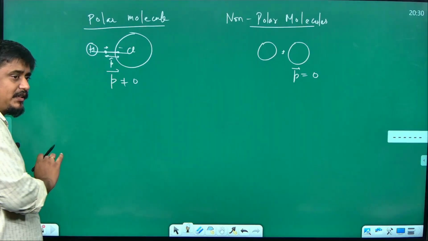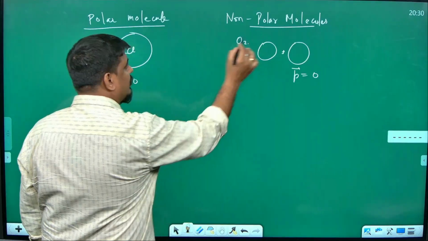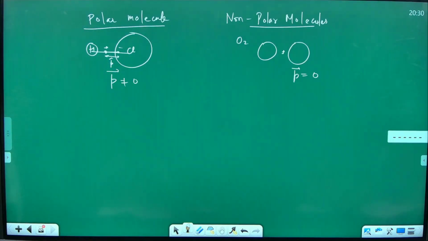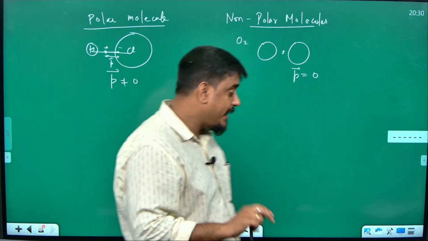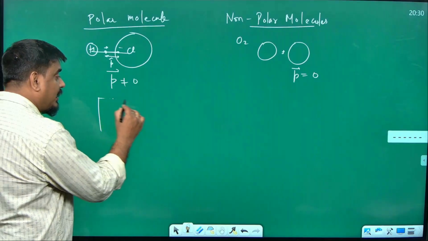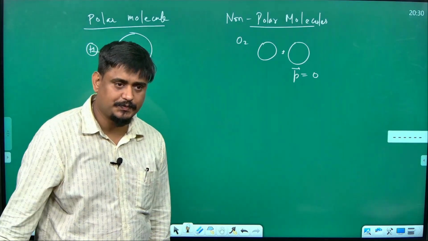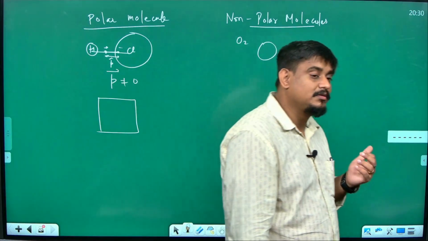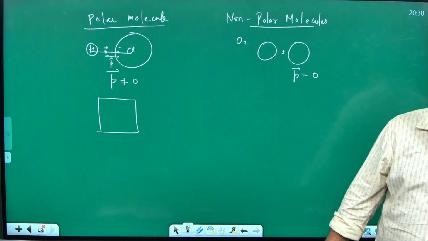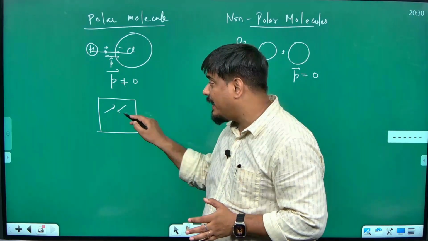Now we came to know that if I am having HCl molecule, I am going to have dipole moment. If I am having oxygen molecule, I am going to have no dipole moment. If I am having a container filled with HCl acid, do you think it will have dipole moment? No. You know why? Because on a matter level, dipoles will be arranged in random directions.